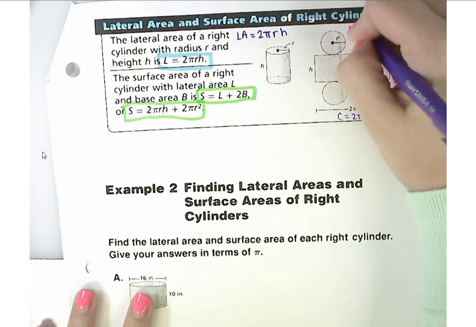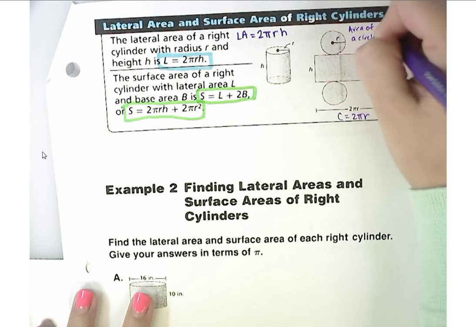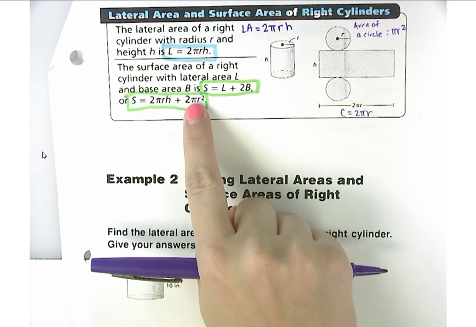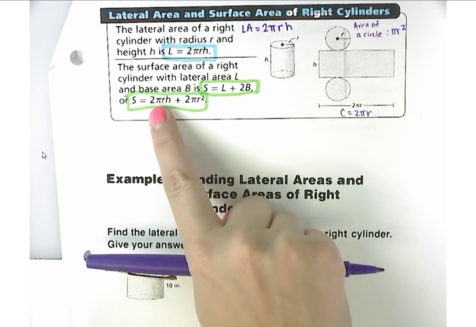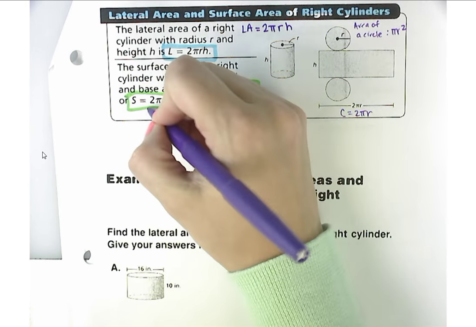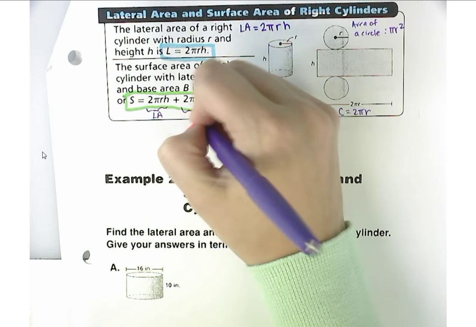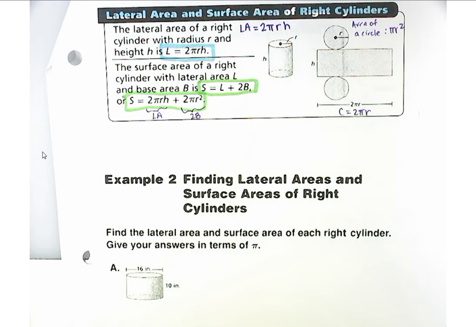Okay, so the area of a circle is pi r squared. So that's where this is coming from. It's 2 times the area of the base, and then this is your lateral area. Okay, so this is your lateral area. This is 2 times your area of the base.